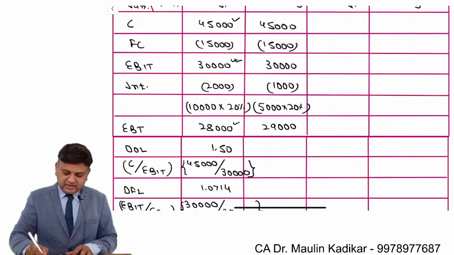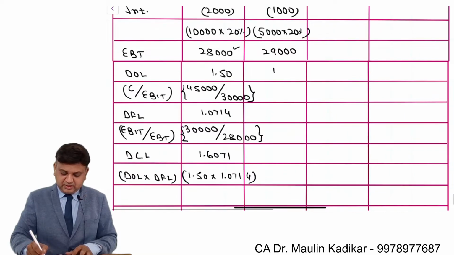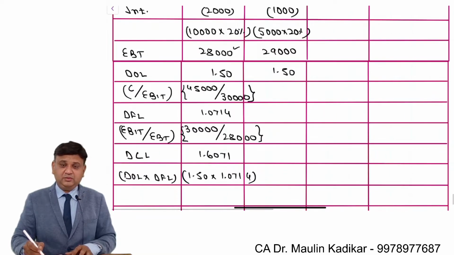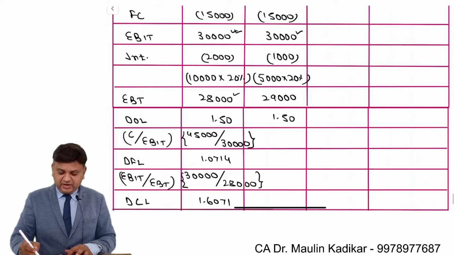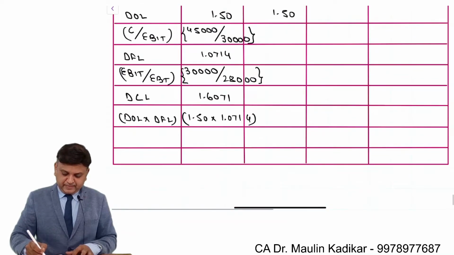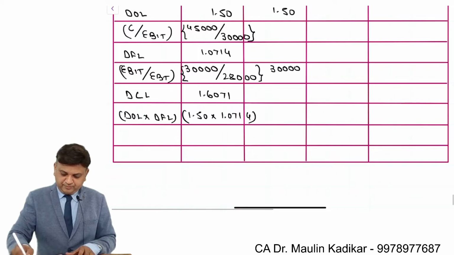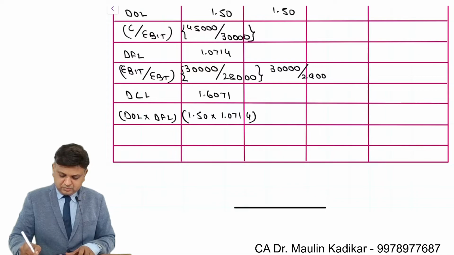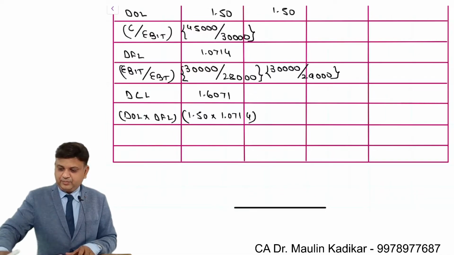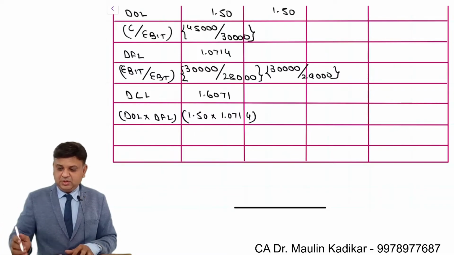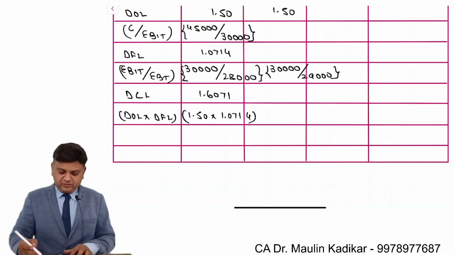DOL will be again 45,000 divided by 30,000, that is 1.50. DFL will be 30,000 divided by 29,000. So use a calculator: 30,000 divided by 29,000 is 1.0345.